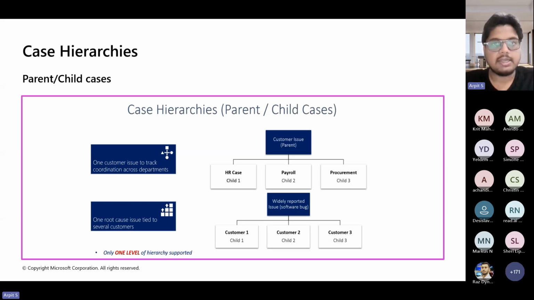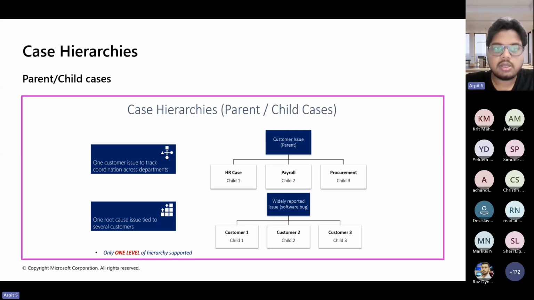The first case you can create as a parent, but the rest of the cases, which are related to the same problem, you can link as child cases, so that you have the parent-child relationship across the cases. The advantage of doing this is that you can have a hierarchy of cases. You don't need to create duplicate cases related to the same problem. And you can also restrict that if all the child cases are closed, then only the parent case will be closed, right? So this kind of restriction you can also provide.